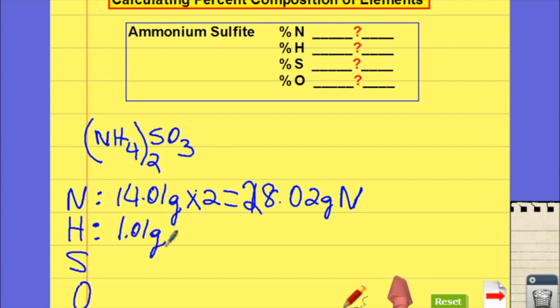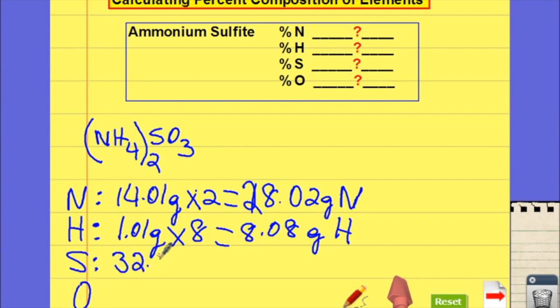Correct me if I'm not right. There are 4 times 2, which gives me 8 hydrogen, for a mass of 8.08 grams hydrogen. Okay, sulfur. I think it's 32 point something, 32.07 grams, times I count how many sulfur, only 1, equals 32.07 grams of sulfur.